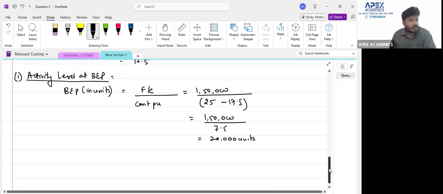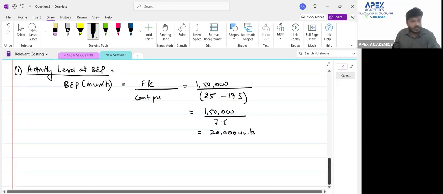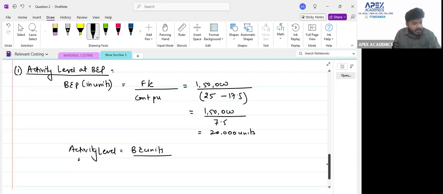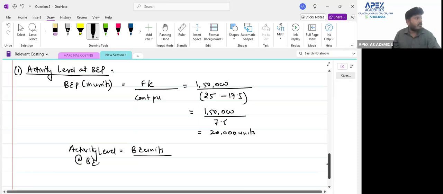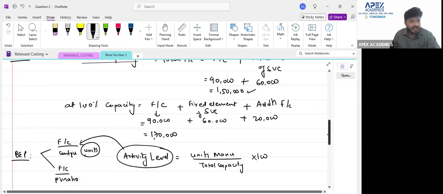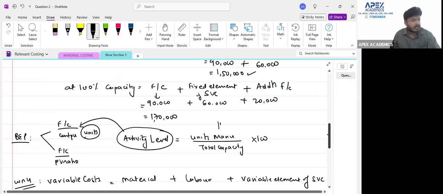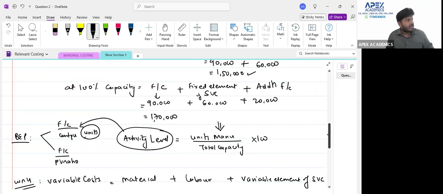So at 20,000 units, that is at the break-even point, what is my activity level? As I said, activity level will be break-even units. Why did I say break-even units? Because it's activity level at break-even point. As I said, activity level will be units manufactured upon total capacity. So activity level at break-even point will be units manufactured at break-even point.